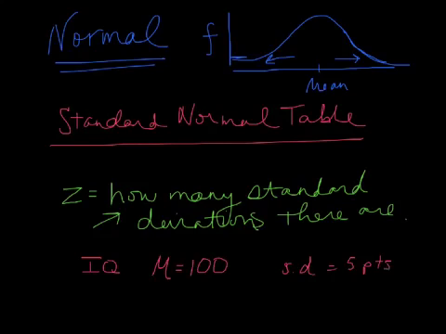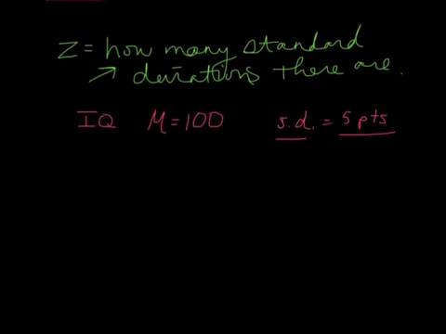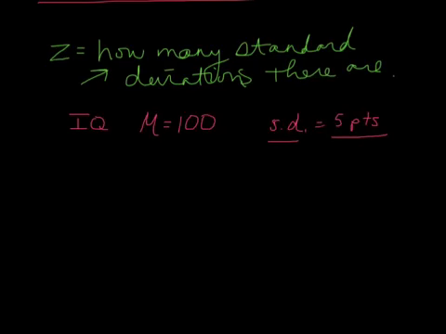Remember, standard deviation tells you how far away from the average most people are. So if my standard deviation is 5 points, that's like saying most people are within 5 points of that mean. Well, a z-score tells you how many of those standard deviations somebody is.